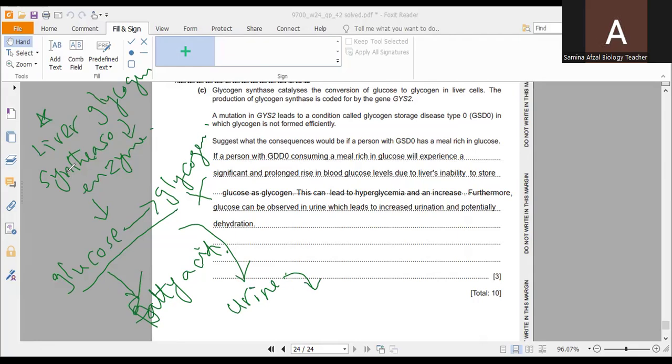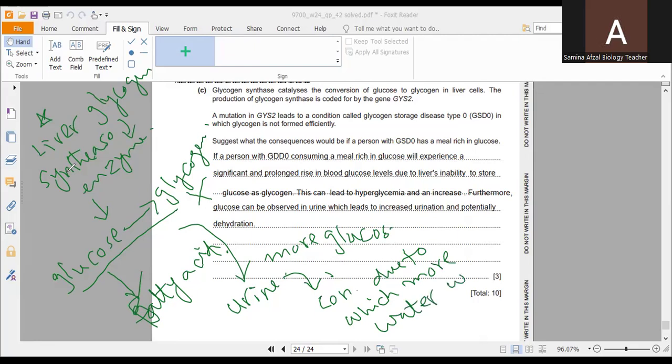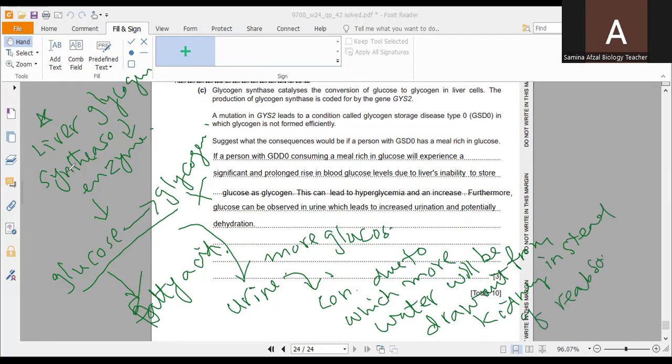If more glucose is in the urine, it will be concentrated, due to which more water will be drawn out from the kidney instead of reabsorption, which will lead to dehydration.